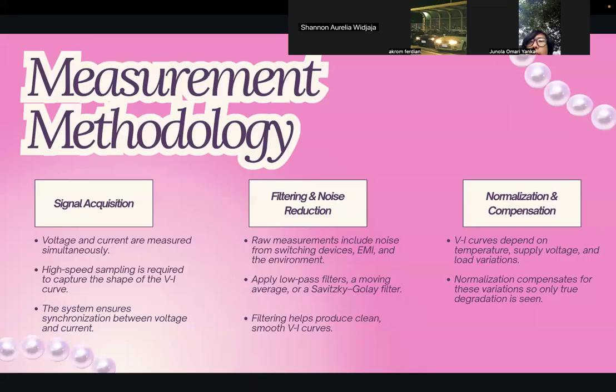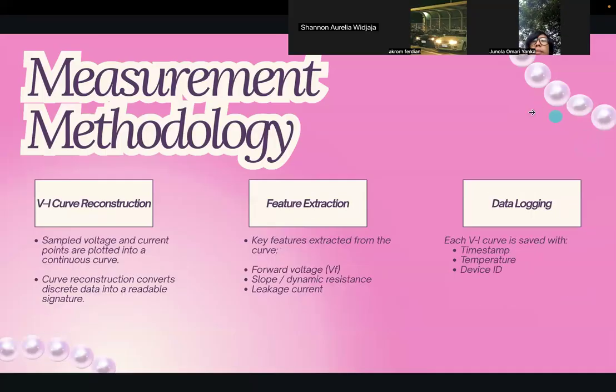And next we have normalization and compensation. VI curves depend on temperature, supply voltage, and load variations, and normalization compensates for these variations so only the true degradation is seen. Next, we have VI curve reconstruction, where we take the sampled voltage and current points and plot them onto a continuous curve.